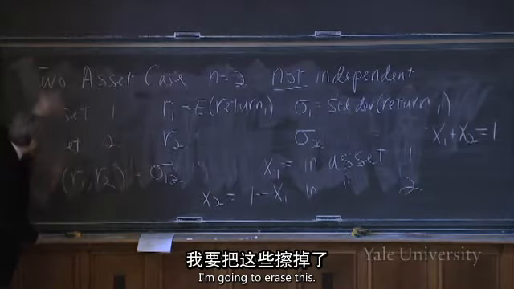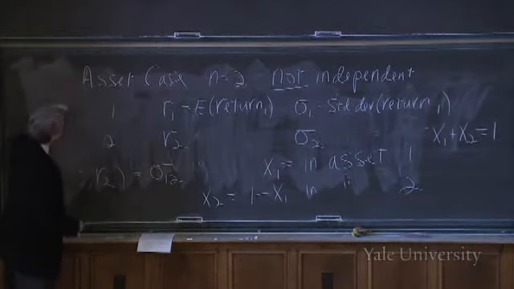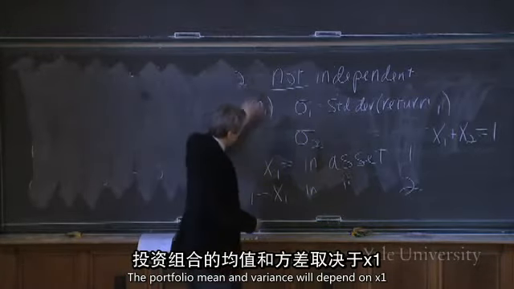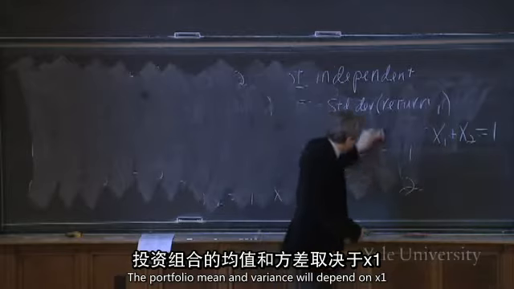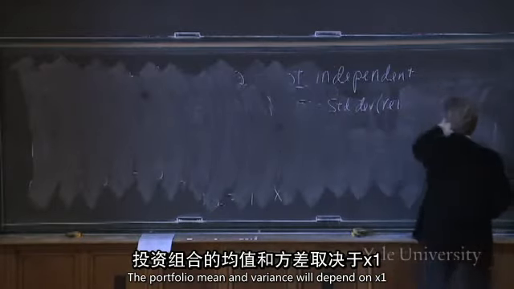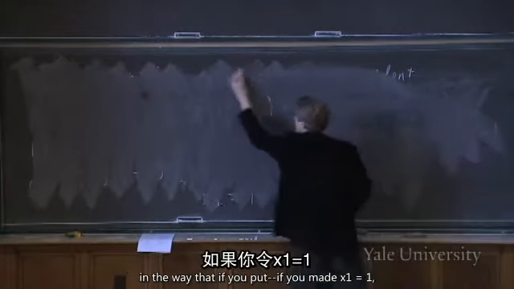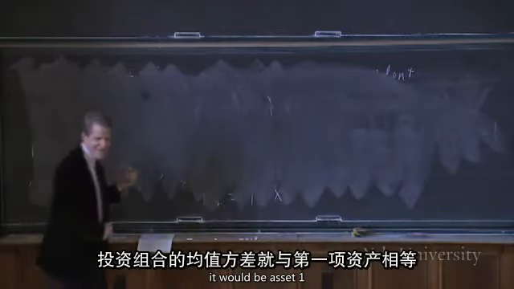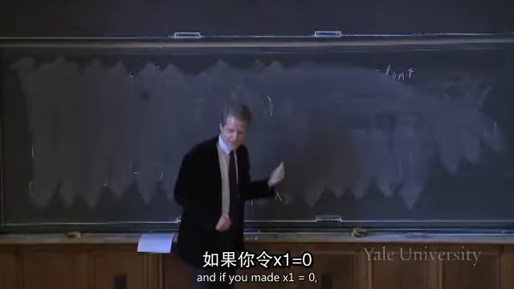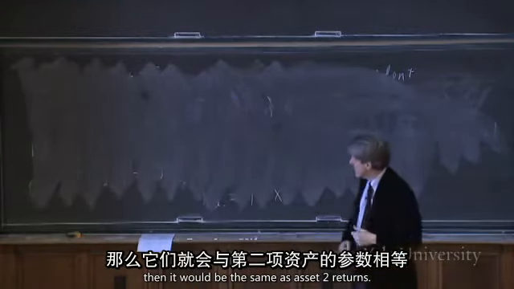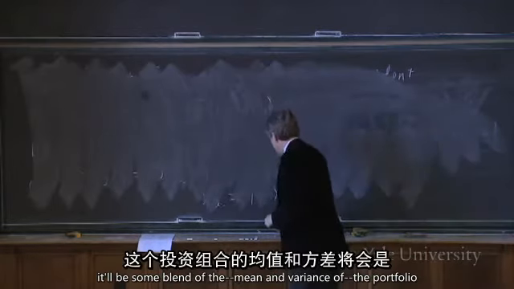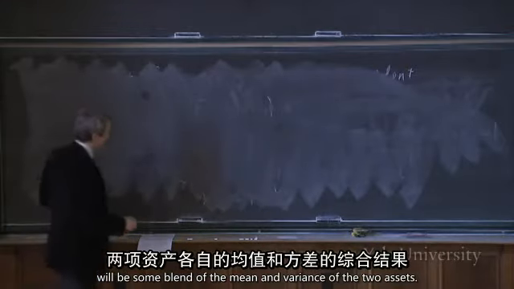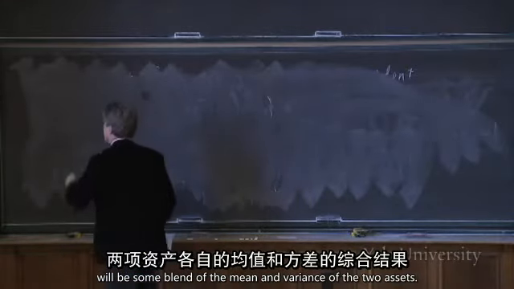So I'm going to erase this and the portfolio mean and variance will depend on x1 in a way that if you made x1 equal 1, it would be asset 1, and if you made x1 equal 0, then it would be the same as asset 2 returns. But in between, if some other number, it'll be some blend of the mean and variance of the two assets.